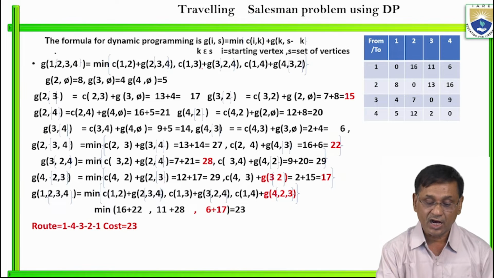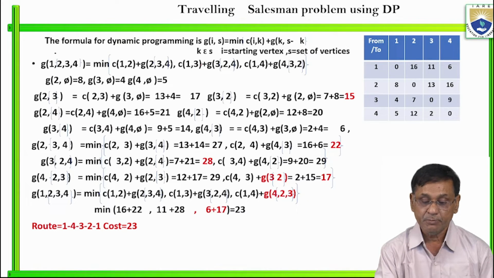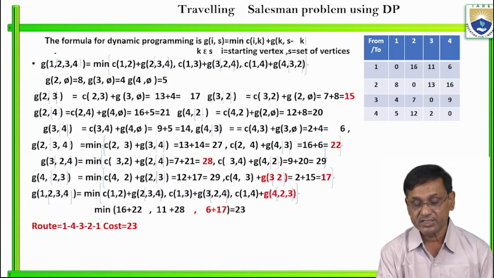This one is going from 1 to 3. That means the cost of edge 1 to 3 plus cost of going from 3 to the remaining set of vertices 2, 4.